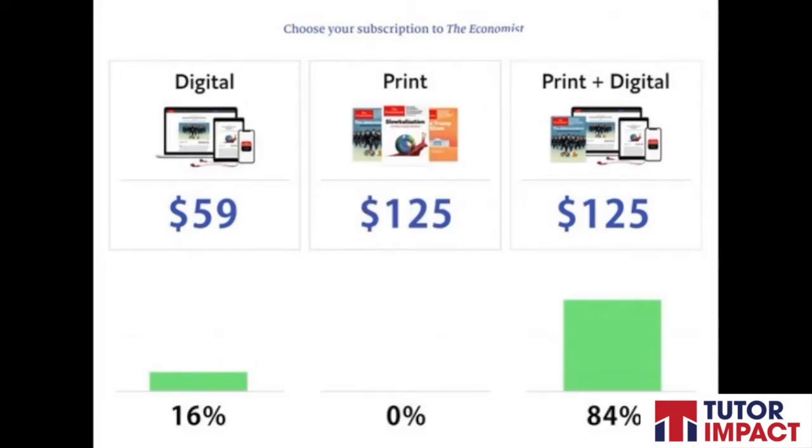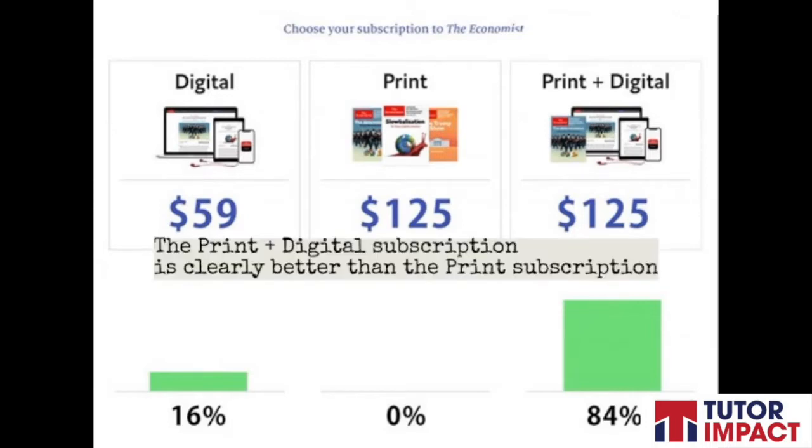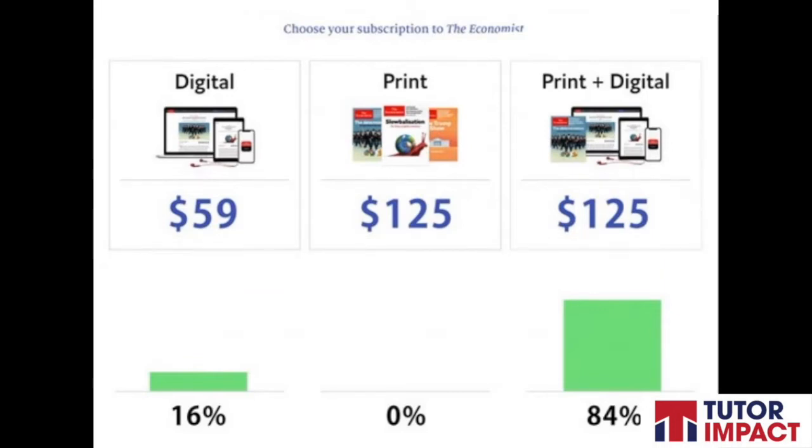So now a third option has been introduced, which includes only the print version of the subscription, which is the same price as the print and digital subscription. So clearly the print and digital subscription is superior, and 84% of students opted for this choice, and only 16% for the just digital choice.